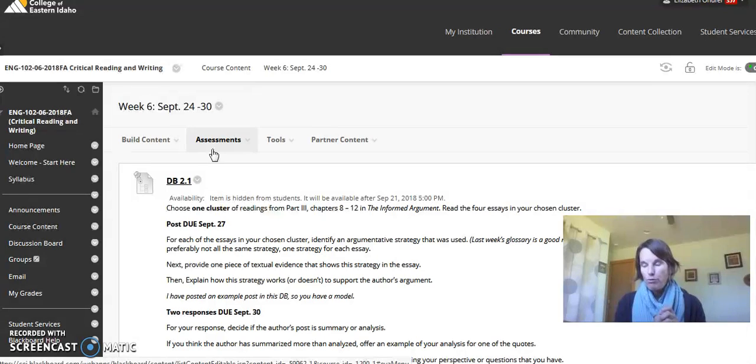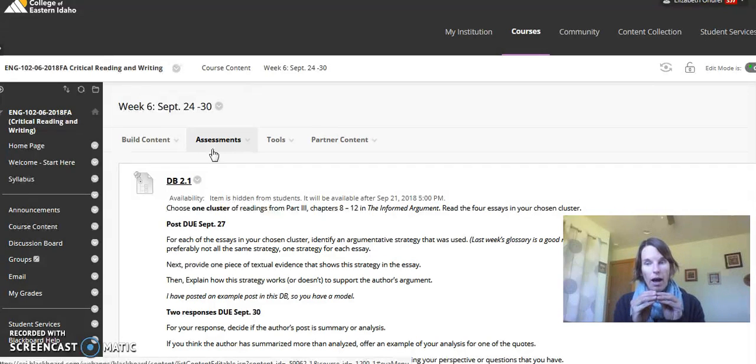So you're going to read all 4 essays. For each essay, you're going to identify one argumentative strategy used by the author to promote their side and try to persuade you. Then you'll provide textual evidence of that strategy, and offer an explanation of how that strategy works or doesn't work to support the author's argument.